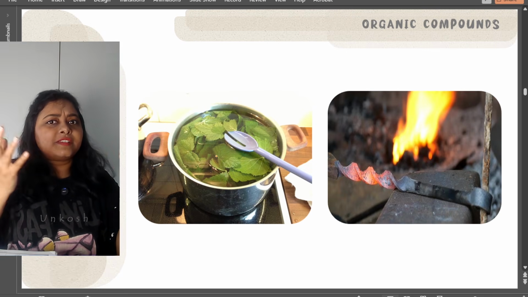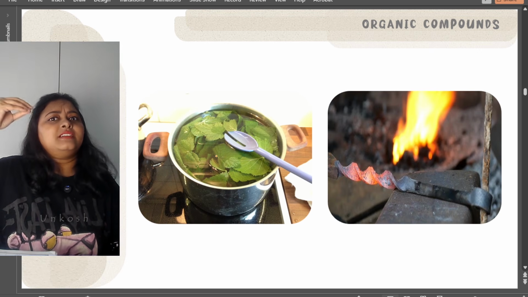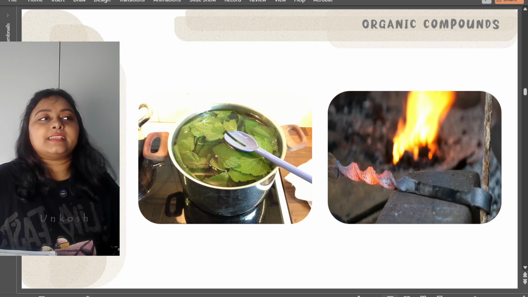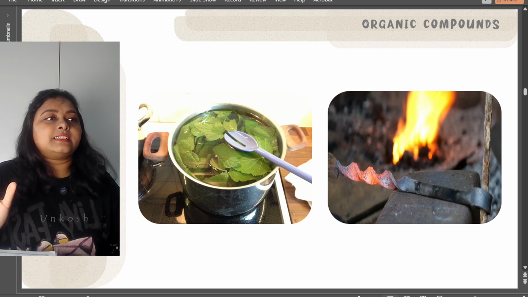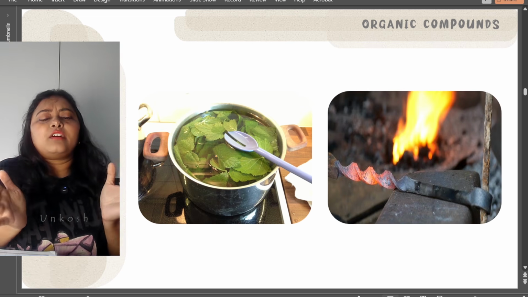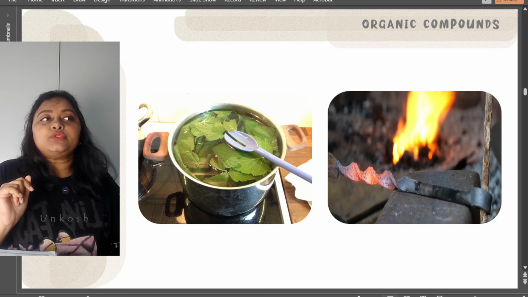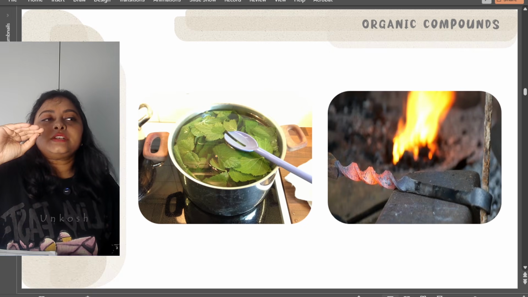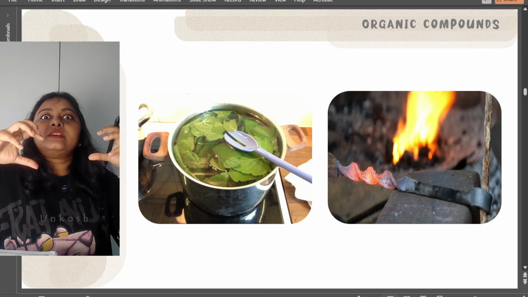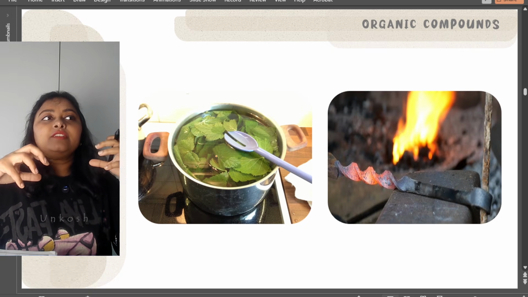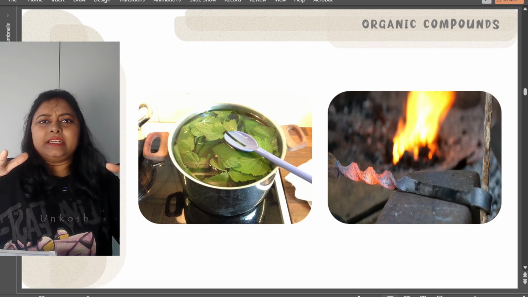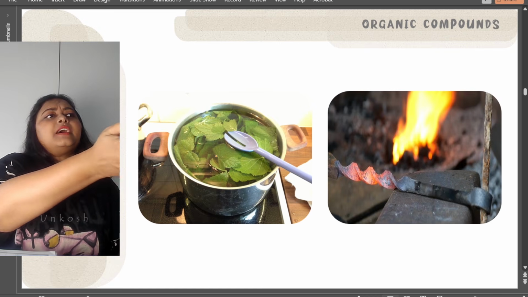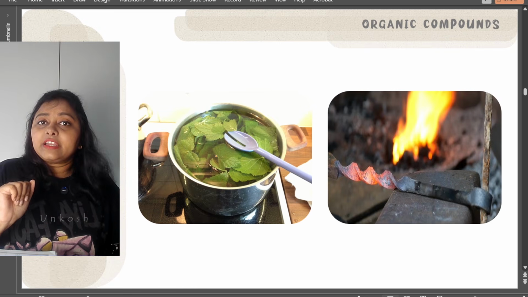We know leaves are plant parts and plant is organic, so we are taking leaves as an organic compound example. A common general example: suppose we are boiling a pot of leaves. Now what is going to happen is, these leaves will start getting hot and lose their solid structure and turn into a gooey, greenish liquid, easily at very low temperatures which are found in the kitchen.